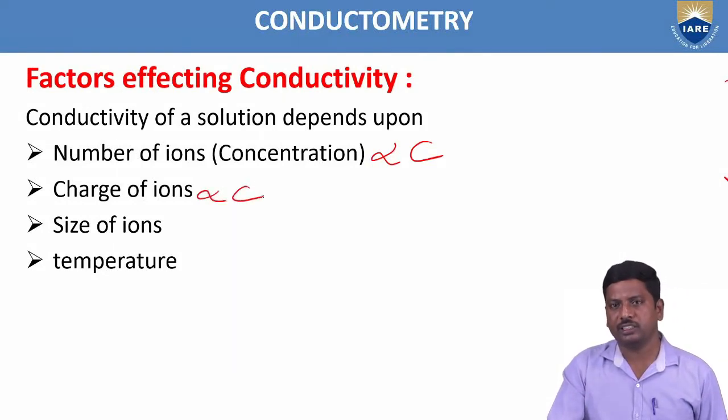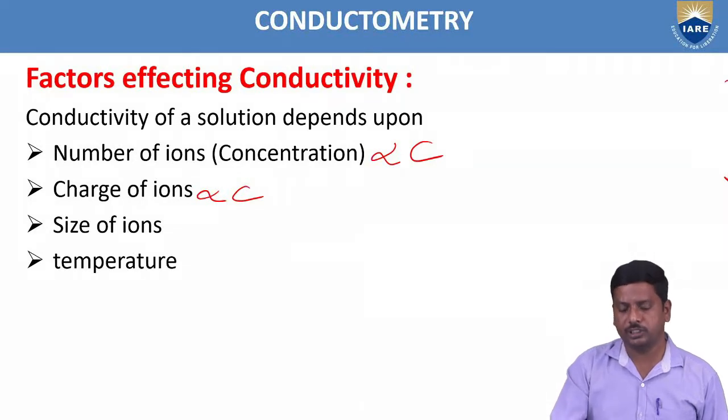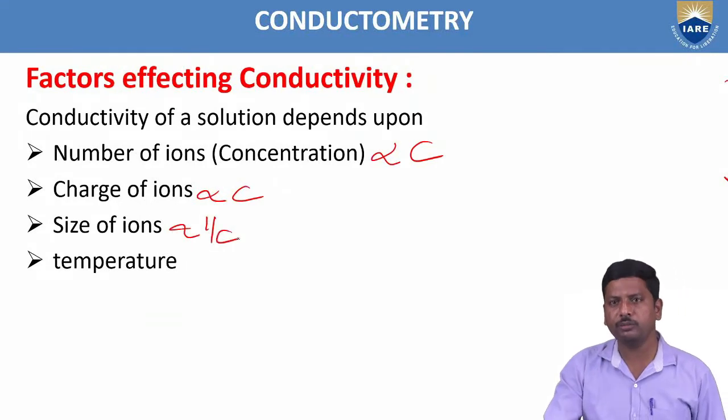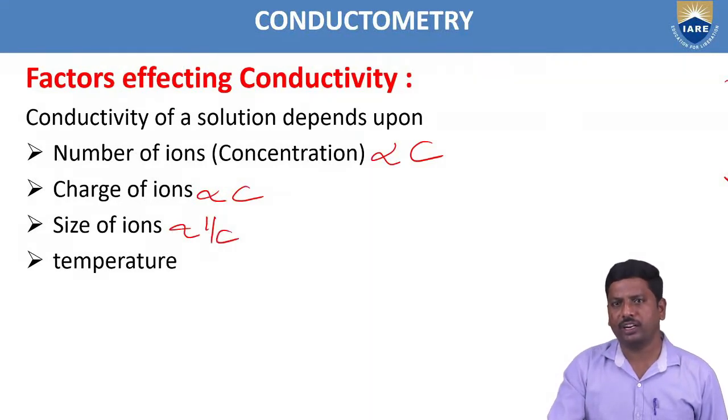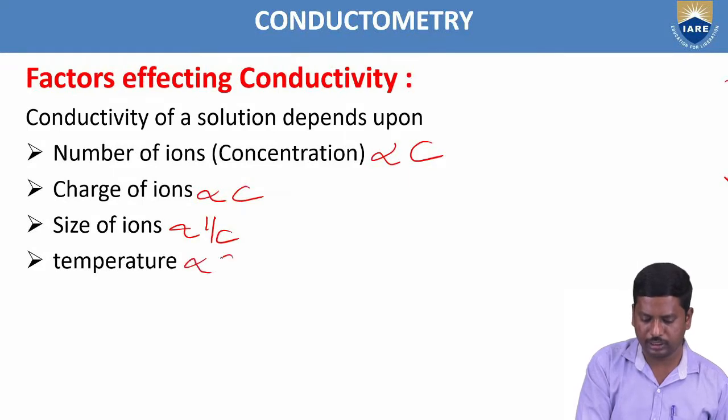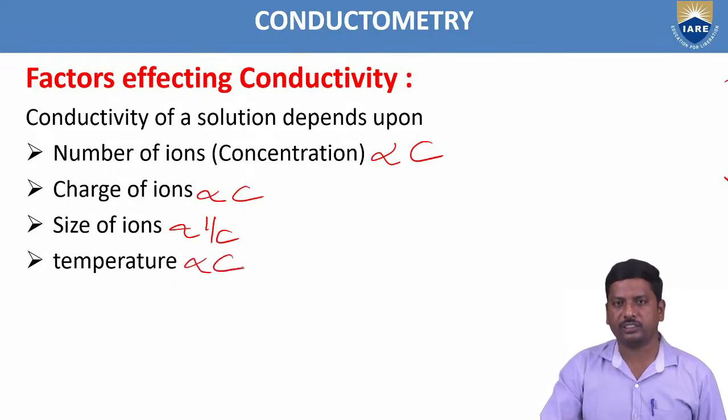But in case of the size of the ions, when size increases, the mobility decreases, so it is inversely proportional to conductivity. Finally, temperature: when temperature rises, the movement increases, mobility rises and conductivity also increases. So out of the four factors, three are directly proportional to conductivity, and one, the size of the ions, is inversely proportional to conductivity.